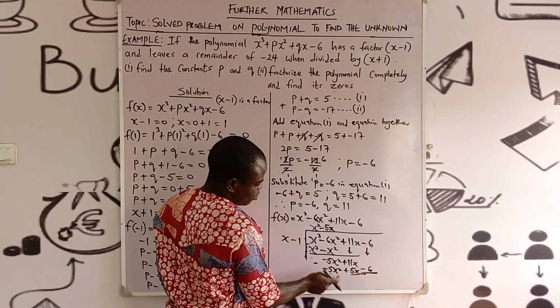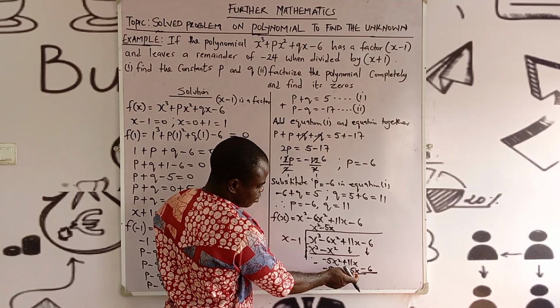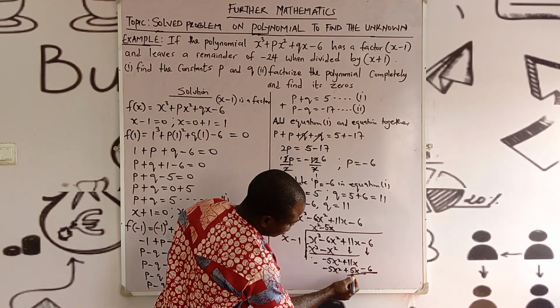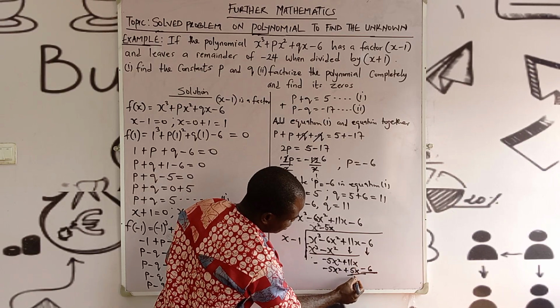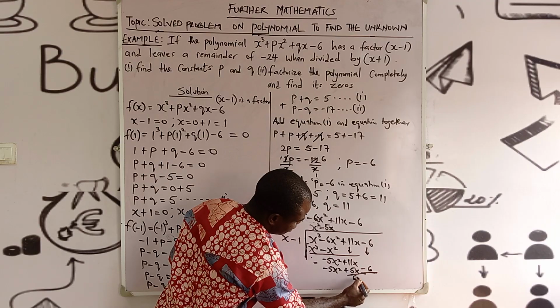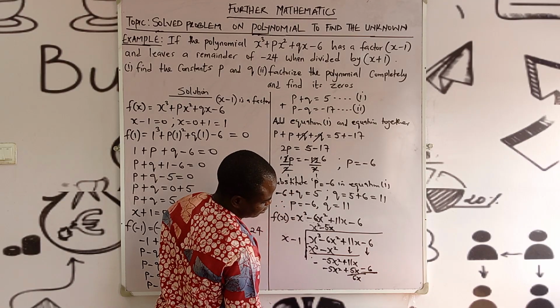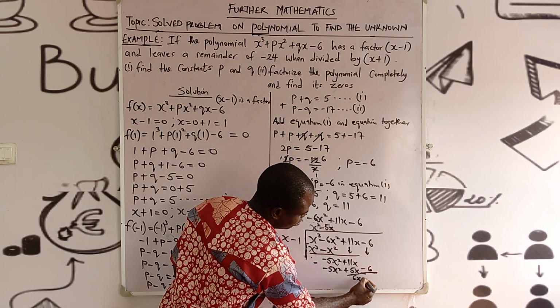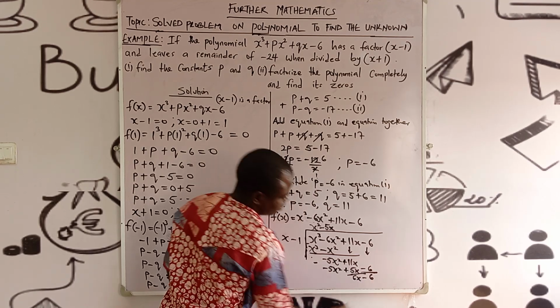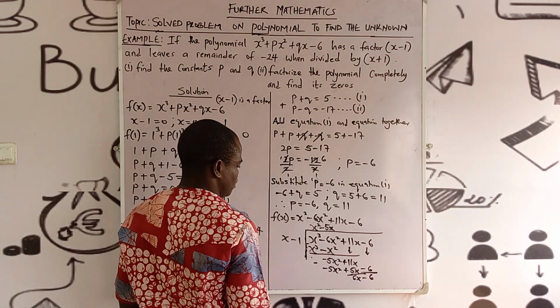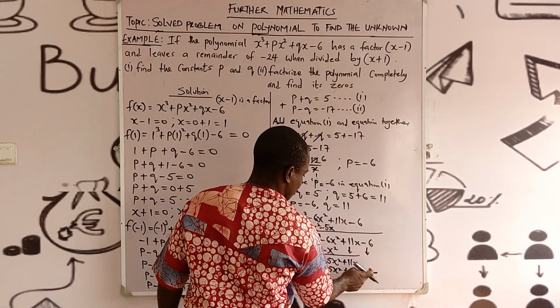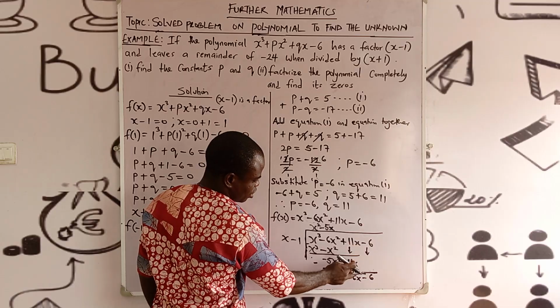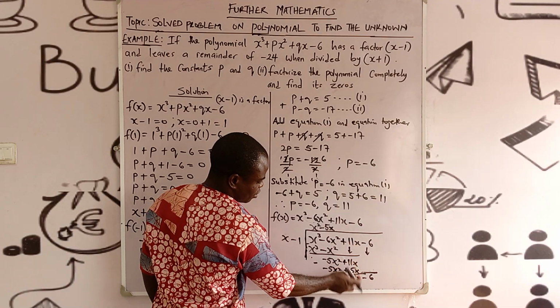Okay, now let's do the subtraction first. 11x minus 5x is 6x.